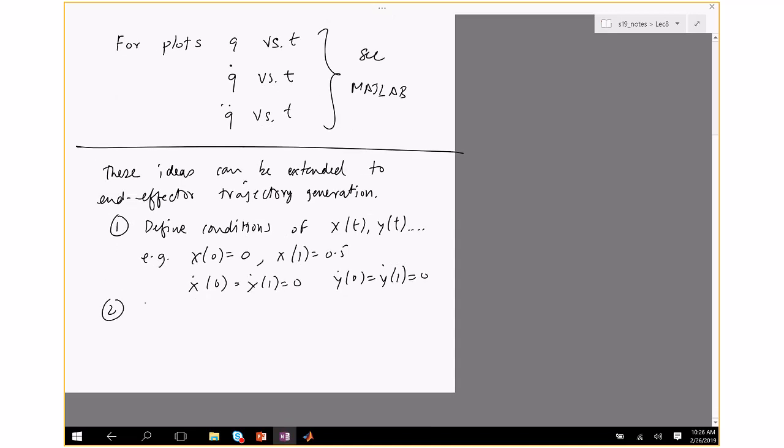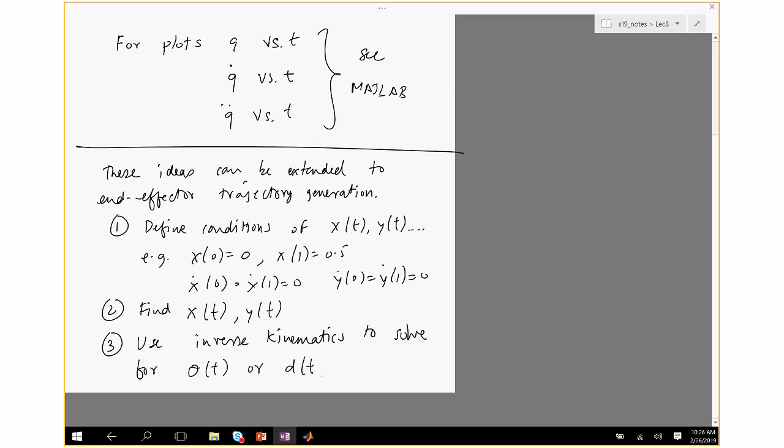Once you define those conditions, you can find a polynomial and find x and y, and then finally use inverse kinematics to solve for theta as a function of t, or the position as a function of time, right?